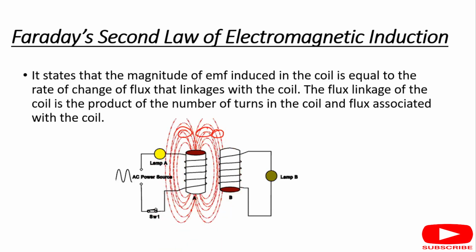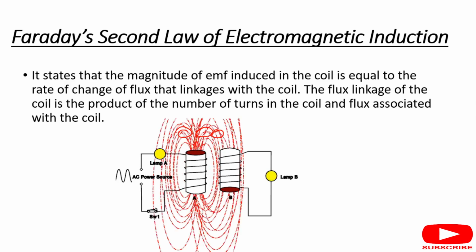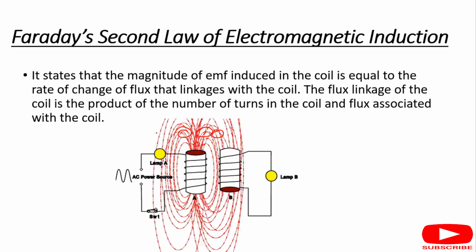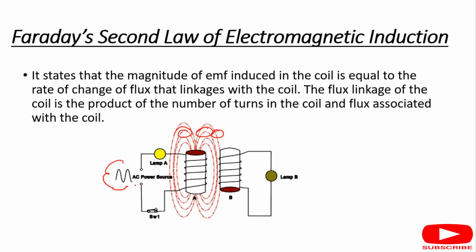The rate of change of magnetic flux is developed by the AC source. The AC source is sinusoidal in nature, because we know that the magnitude of the AC voltage continuously changes with respect to time. So due to this AC source, we have the changing flux.